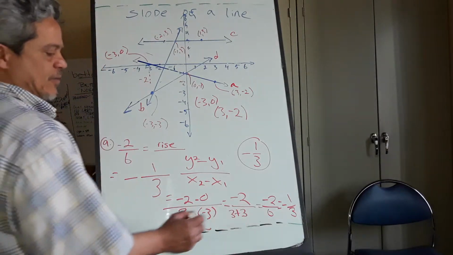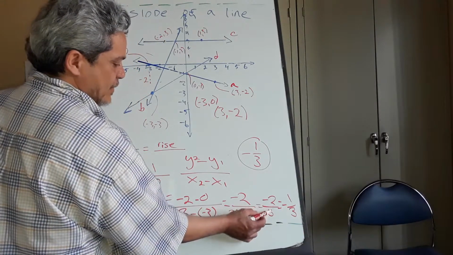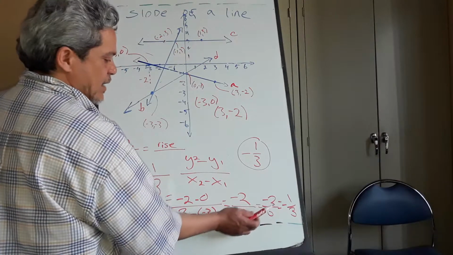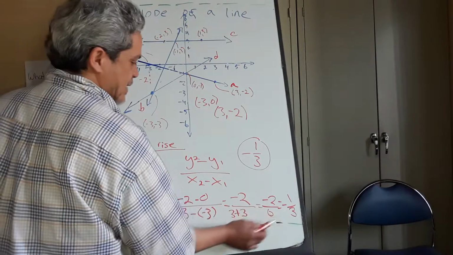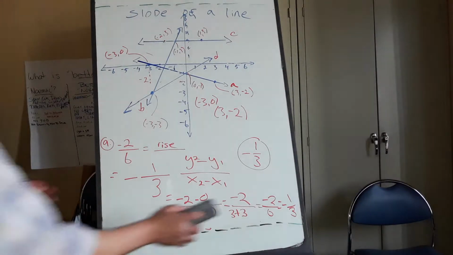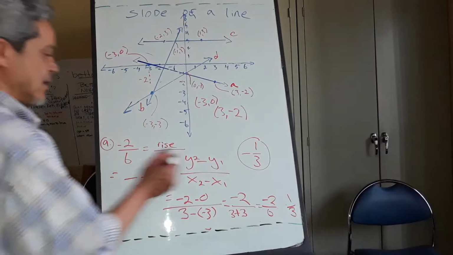And then this reduces: 2 fits into itself 1 time, 2 fits into 6 3 times. So there is your -1/3. This is problem number 10.